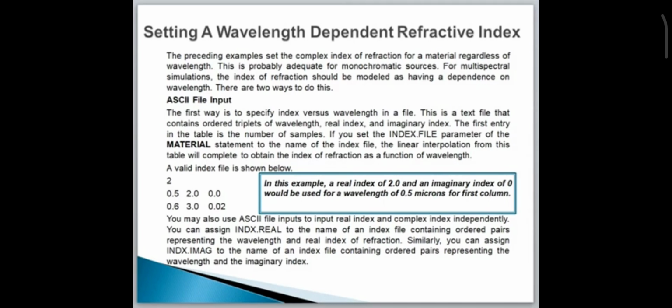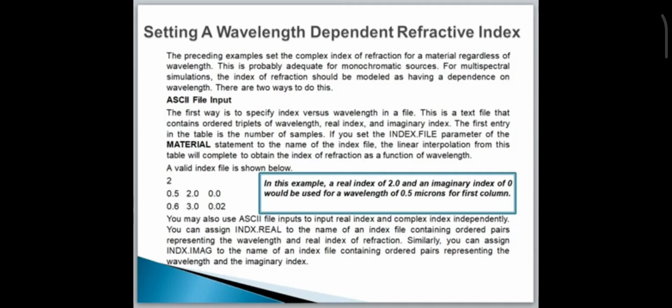If you set the index.file parameter of the material statement to the name of the index file, you can use any name. For example, if you are defining the index file for the indium gallium arsenide, you can use indium gallium arsenide dot txt dot nk file.